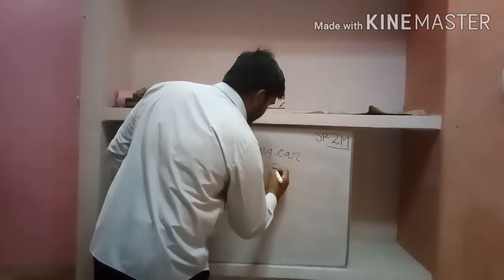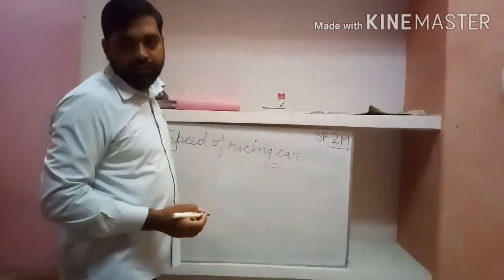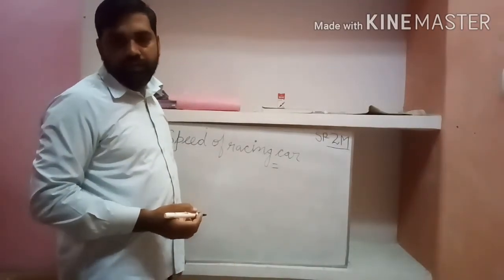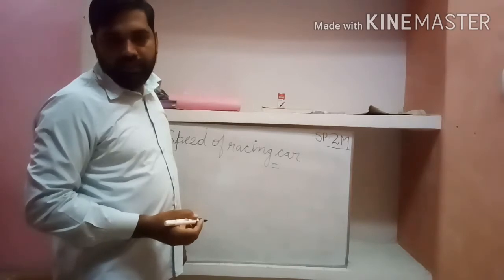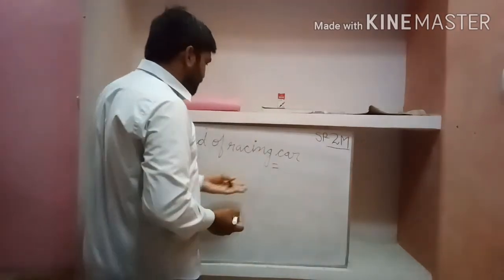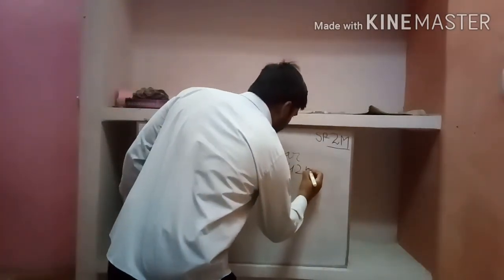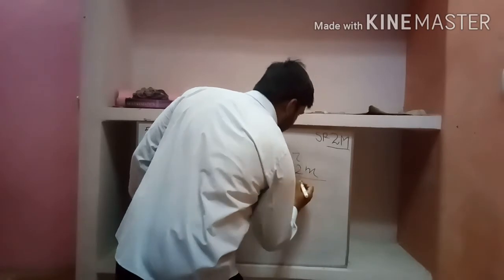How much given? Speed of racing car is given, 425 meter in 10 seconds. So speed is equals to distance upon time. Speed of racing car is equals to 425 meter in 10 seconds.